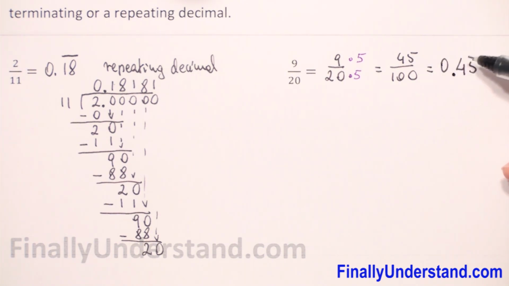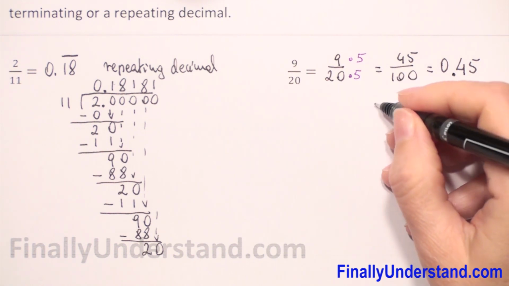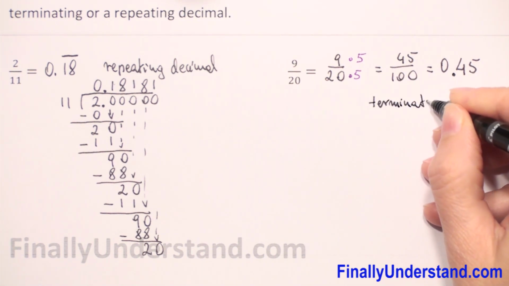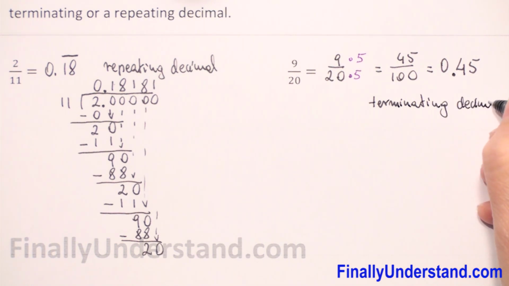So 45 hundredths is 0.45 as a decimal. Because we wrote this fraction as a decimal, we can say that this is a terminating decimal. This is my solution.